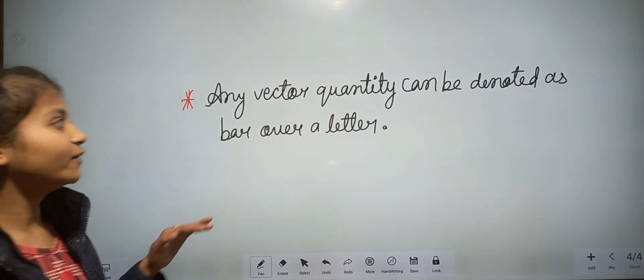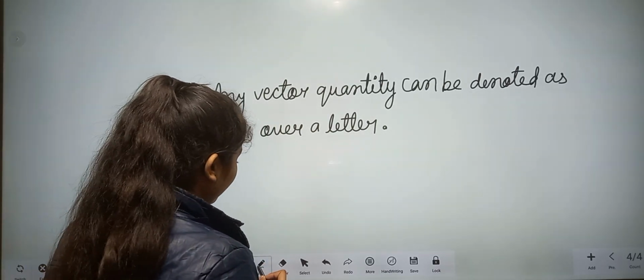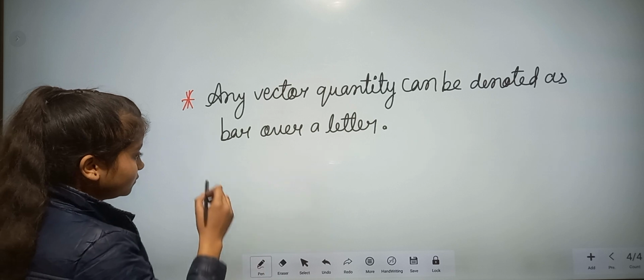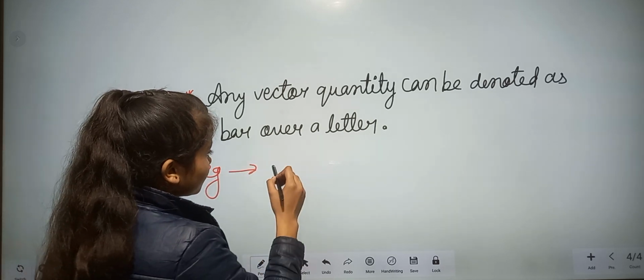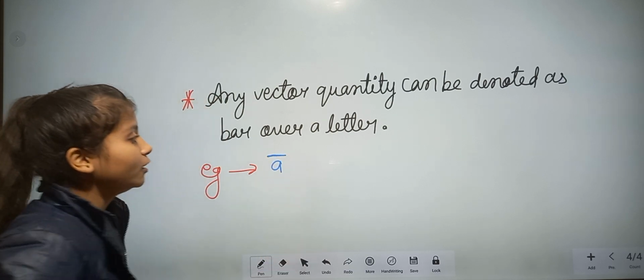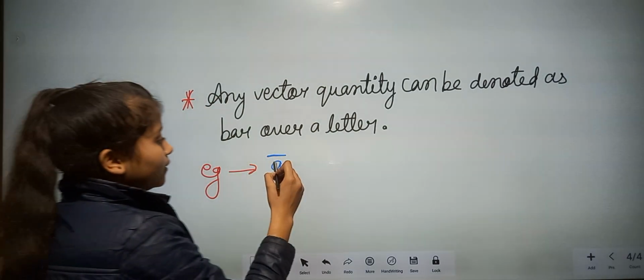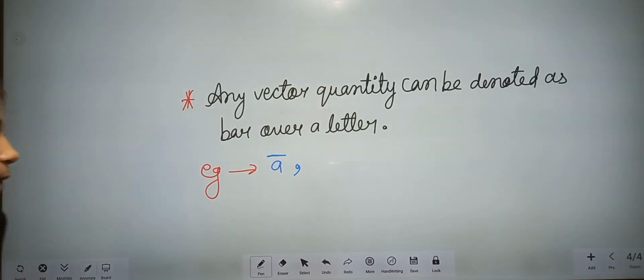For example, here A, and this line is called a bar.